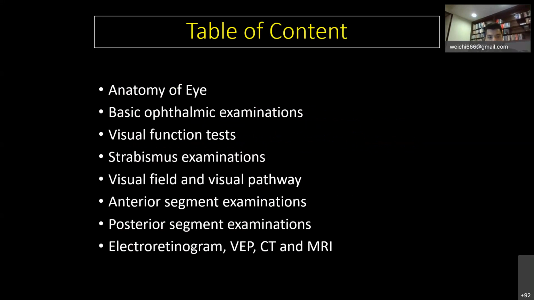And so this is a table of content we would like to deliver today. We will start from the anatomy of the eye to basic ophthalmic examination, and then to the functional test. Then we have some examination for the patient with strabismus. How do we examine this patient to see if the patient have strabismus or not? And then we will cover the visual field and visual pathway.